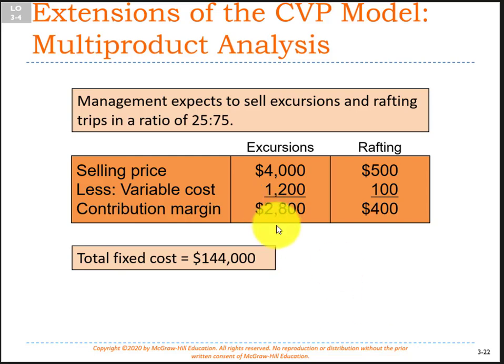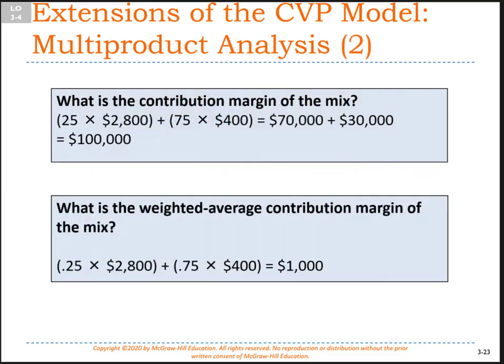All right. What we need to know is the selling price and variable cost for each type of product, but we also need to know what ratio they are sold in. We need to know what's called the product mix. If we don't know how much of each we sell, then we cannot continue with our analysis. So, we know that the contribution margin for the excursions is $2,800.